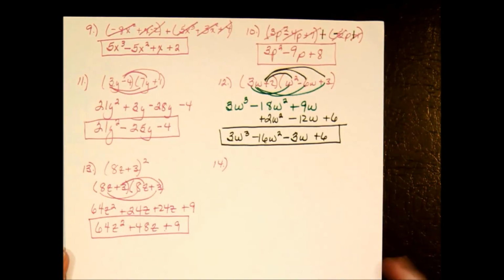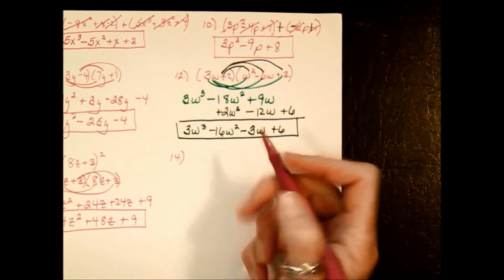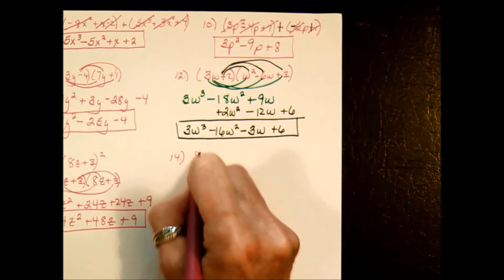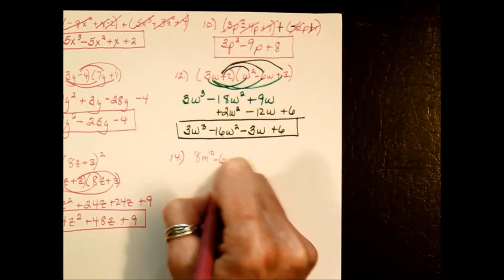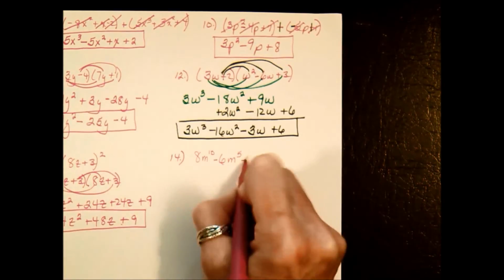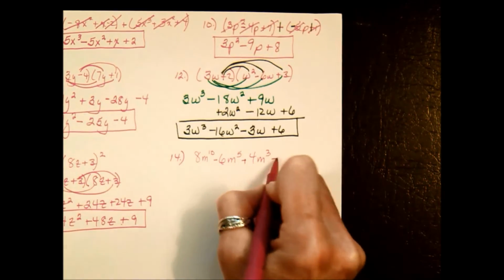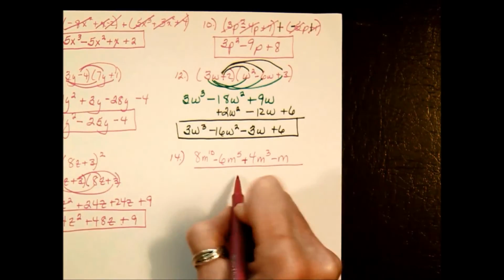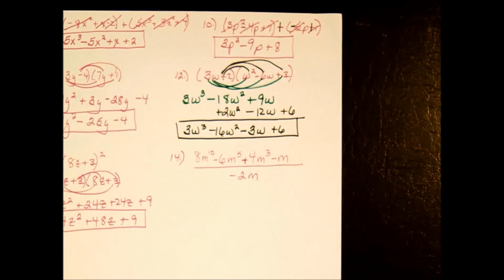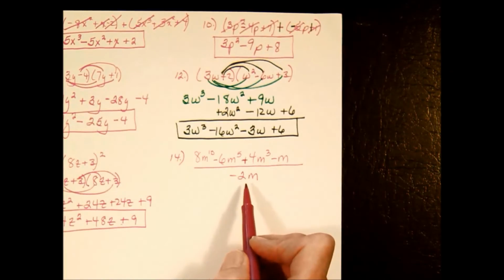Number 14 is division of a polynomial. So we have 8m to the 10th minus 6m to the 5th plus 4m cubed minus m all over negative 2m. Since we are dividing by a monomial, we're going to split this fraction into 4 pieces over the same denominator.